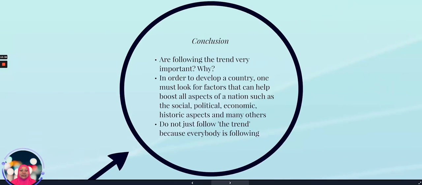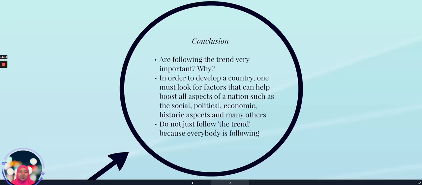Now, as a conclusion, when you talk about the development, the trends in development theories just now, so do you think that we follow any trend? And do you think that this trend that we have followed, are they important? Why? Remember, ladies and gentlemen, when you want to develop a country, we are talking all aspects of development, social, politics, economy, intellectual, everything.